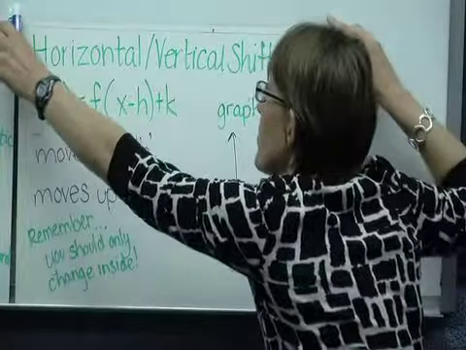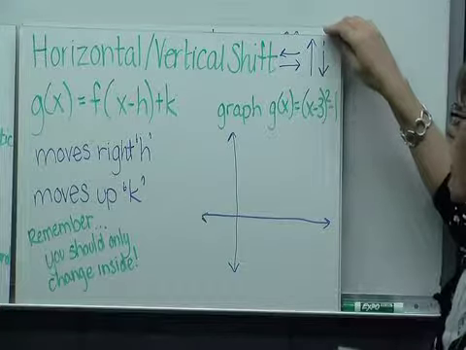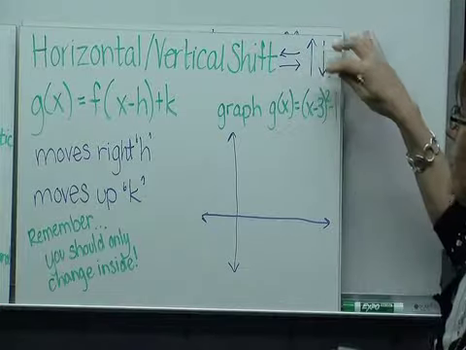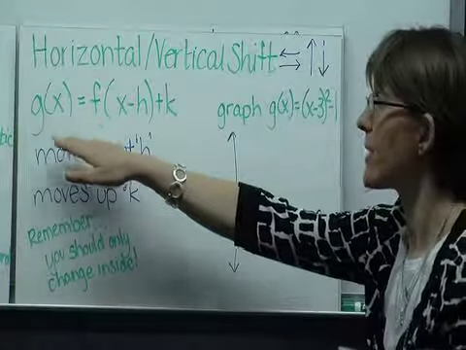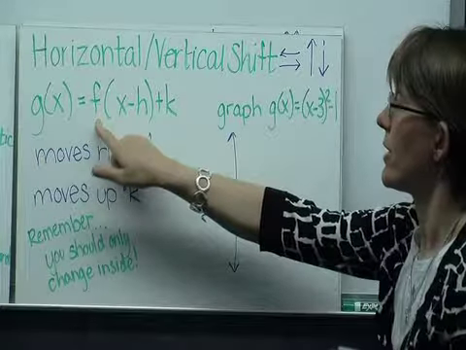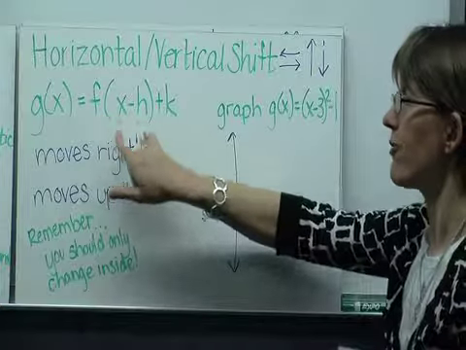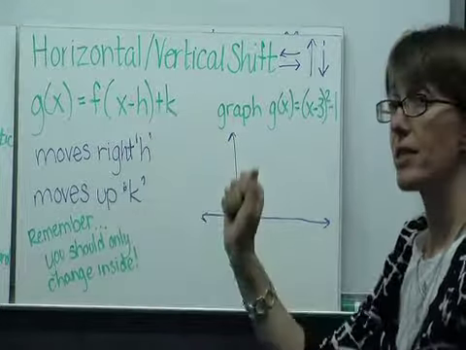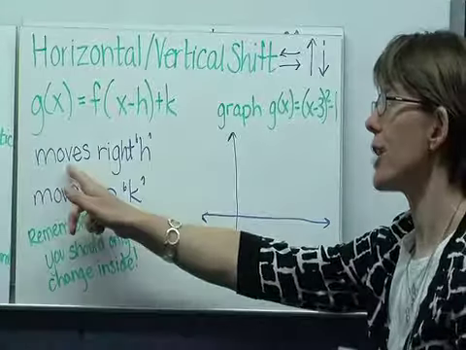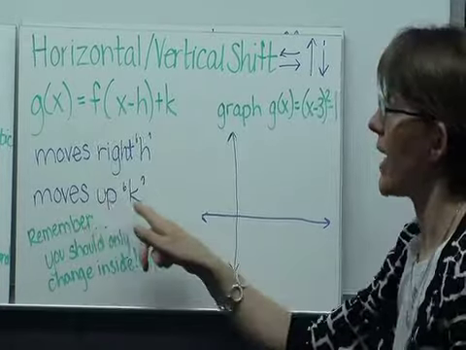So the first thing we're going to look at is the horizontal and vertical shift. This shifts a function to the left, right, or up or down. If I have a function g of x equal to the parent function f of x minus h, something happening in parentheses, plus k, this function has moved right h units and up k units.